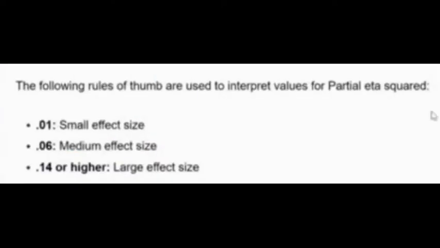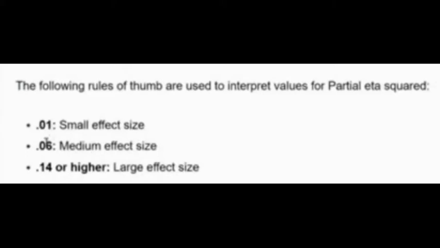This scale right here is specifically telling me about my partial eta squared, or eta squared. Forgive me, I didn't hear how to say it. And then with this factor, a 0.01 would be a small effect size, a 0.06 is a medium, and 0.14 or higher would be large, but I don't need to worry about that because mine is in there between the 0.01 and 0.05.